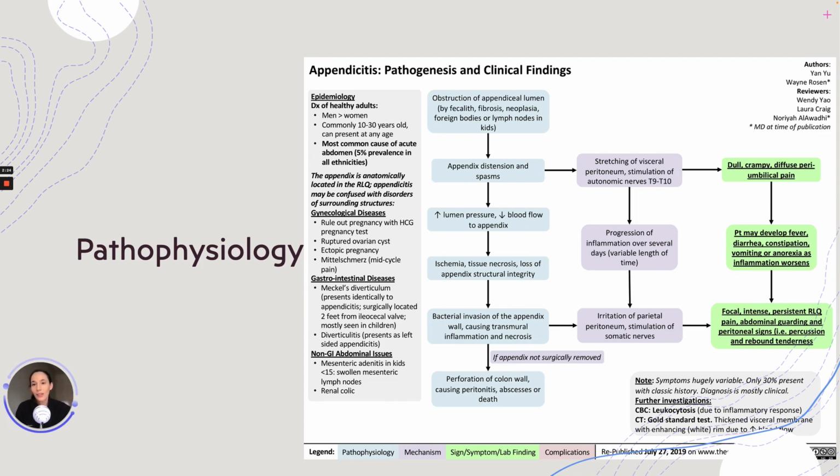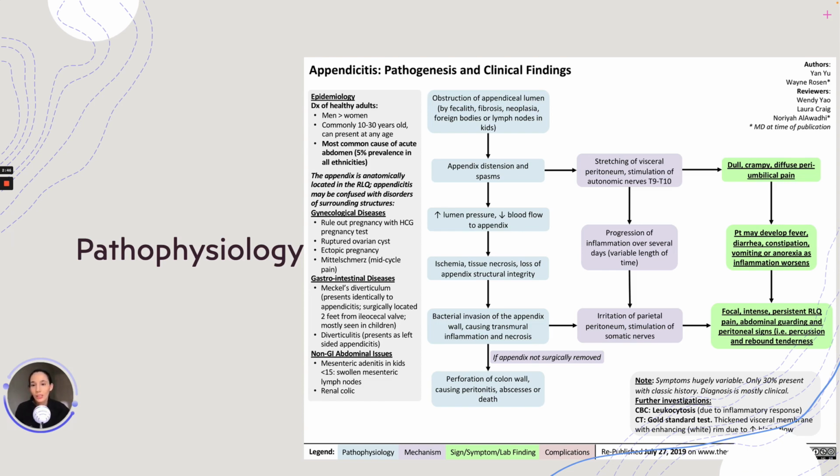So again, we see that obstruction of the lumen, which leads to appendix distension and spasm, which leads to increased lumen pressure, decreased blood flow to the appendix, as well as stretching of the visceral peritoneum, stimulating the autonomic nerves T9 to T10.